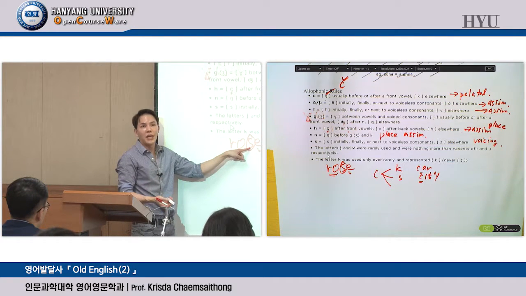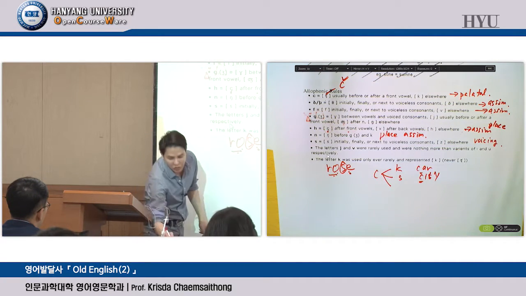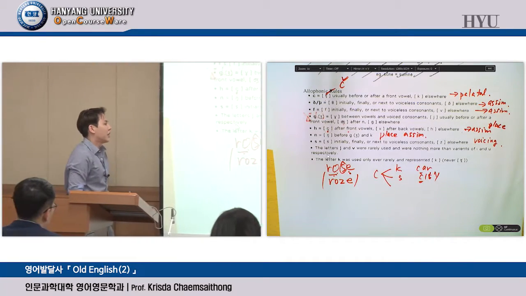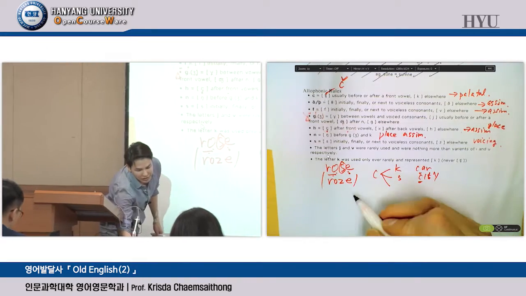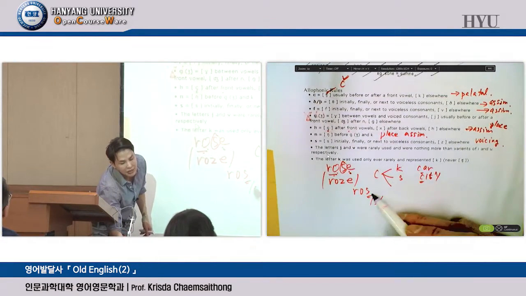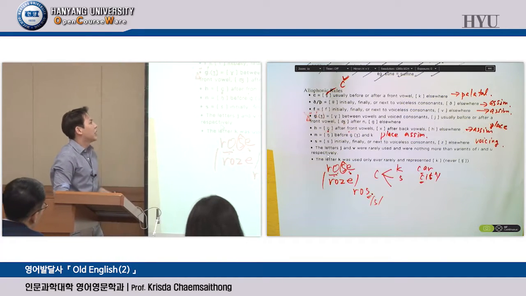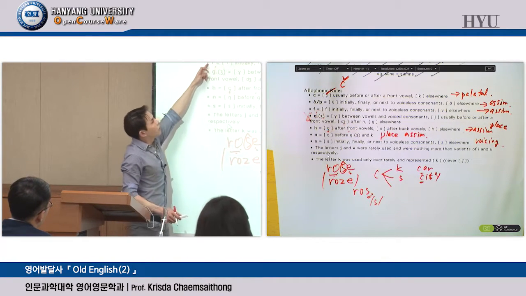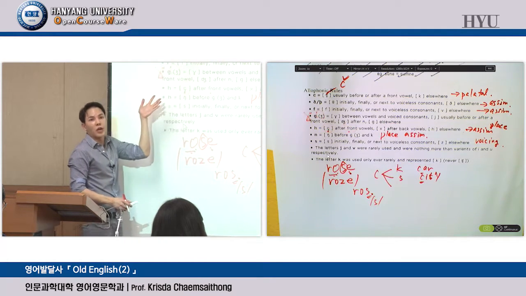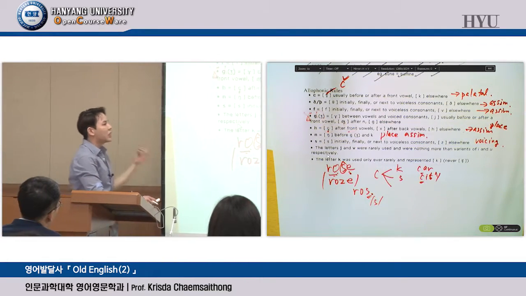So S cannot remain voiceless, so it has to be voiced. So it will be pronounced as rose, like that. Okay? But in other positions, like Ross, it would be an S because it's at the end. The F and the thorn will work in the same way, okay? Voicing assimilation.